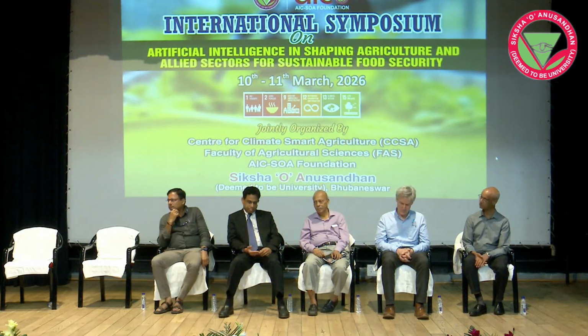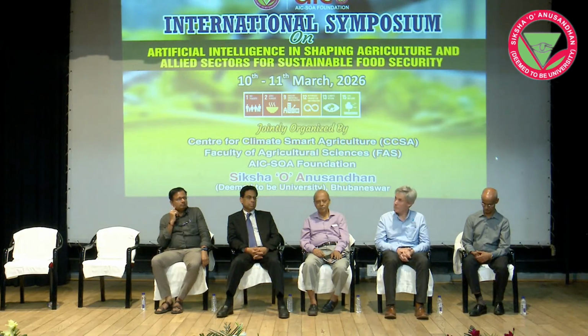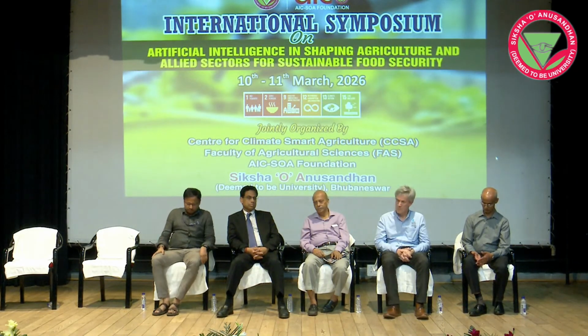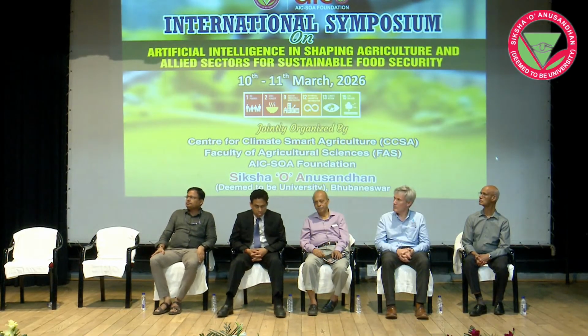I would just ask him: mainly the forecast of extreme weather events like high rainfall, thunderstorm, or cyclone is a challenge, and then early warning follows with sufficient lead time. In what way can AI be used to improve the accuracy of forecast and lead time, if possible?